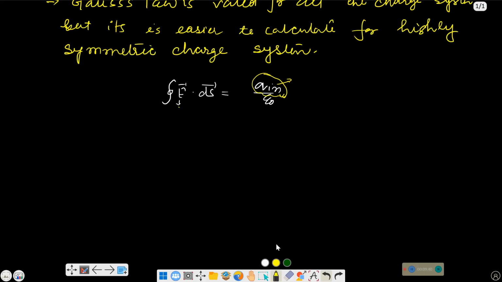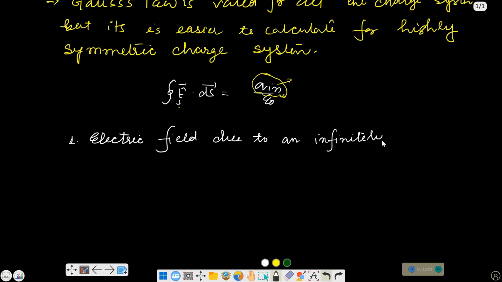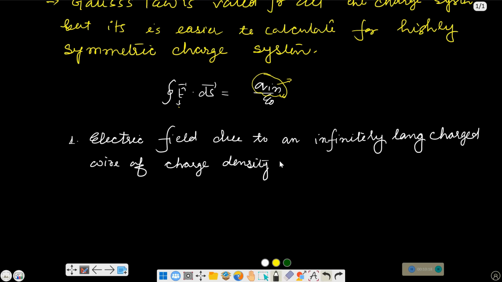First is the electric field due to an infinitely long charged wire of charge density lambda.